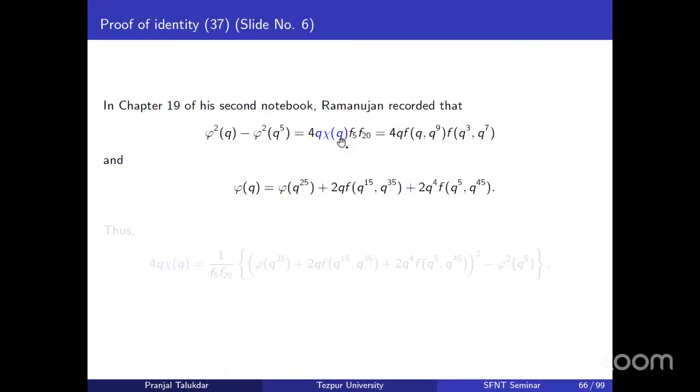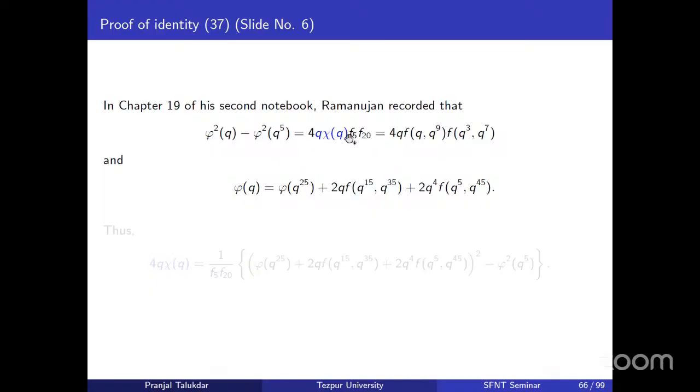So now we go back to Ramanujan again, and in his second notebook he noted that phi square q minus phi square q5 is equal to 4q chi q f5 f20. If you look at this identity, f5 and f20 are power series of q to the power 5, as is phi square q5.